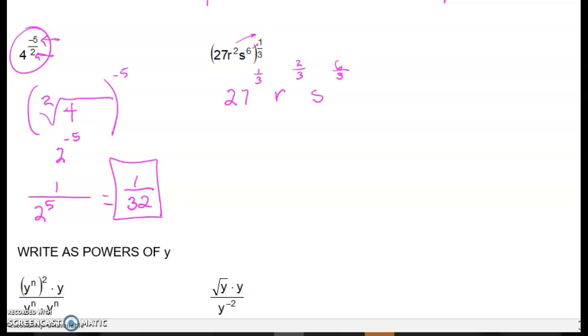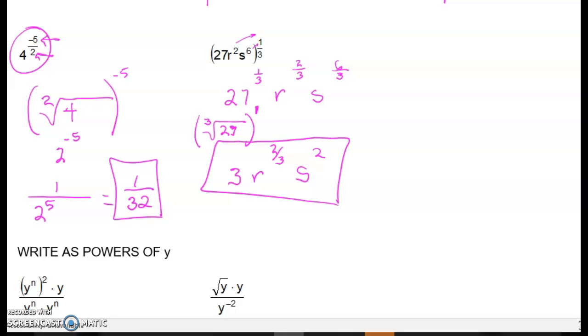And this is the cube root of 27, and then to the first power. And the cube root of 27 is 3. So we have 3 r to the 2/3 power, s to the second power. And we can just leave it like that.